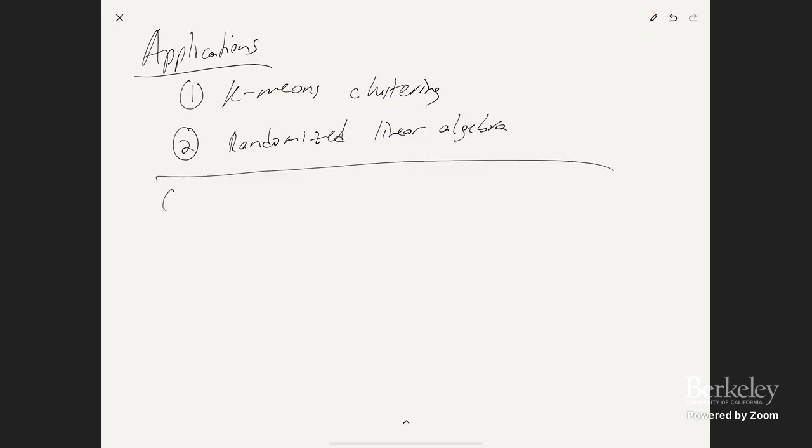So let's say clustering. You have a bunch of points in high dimensional space, and let me try and cluster them. I'm given some parameter k, and I would like to find k clusters.